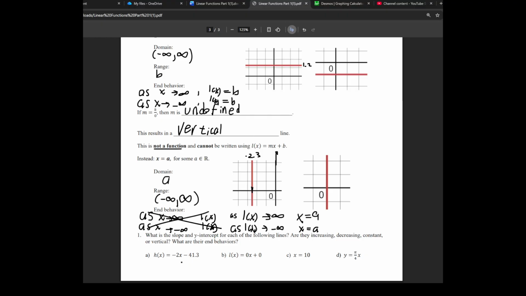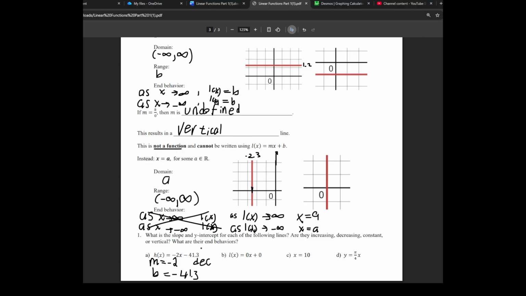All right, the end behaviors on this one. So your slope of this line right here will just be the m value, or whatever's in front of the x. So slope is negative 2. Our y-intercept, or our b value, is whatever is being added or subtracted. In this case, negative 41.3. This line has a negative slope, so it would be decreasing.